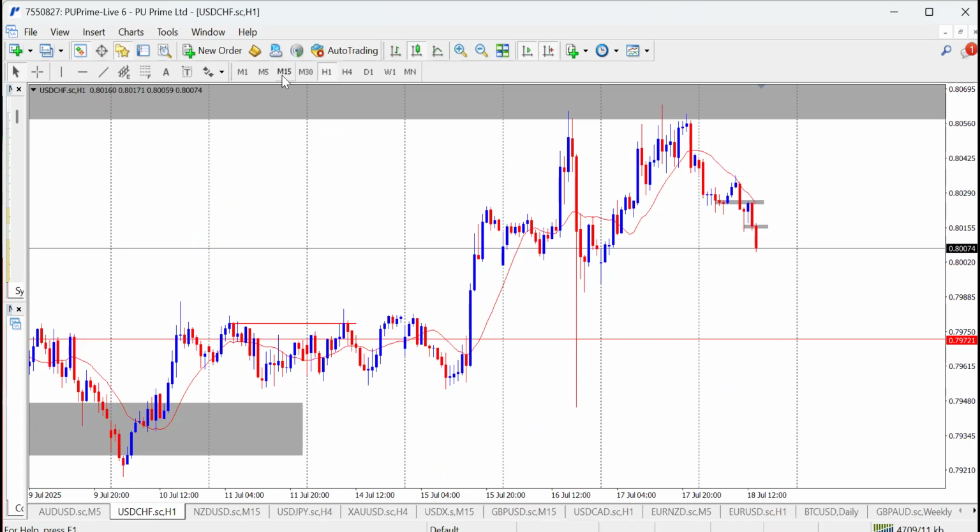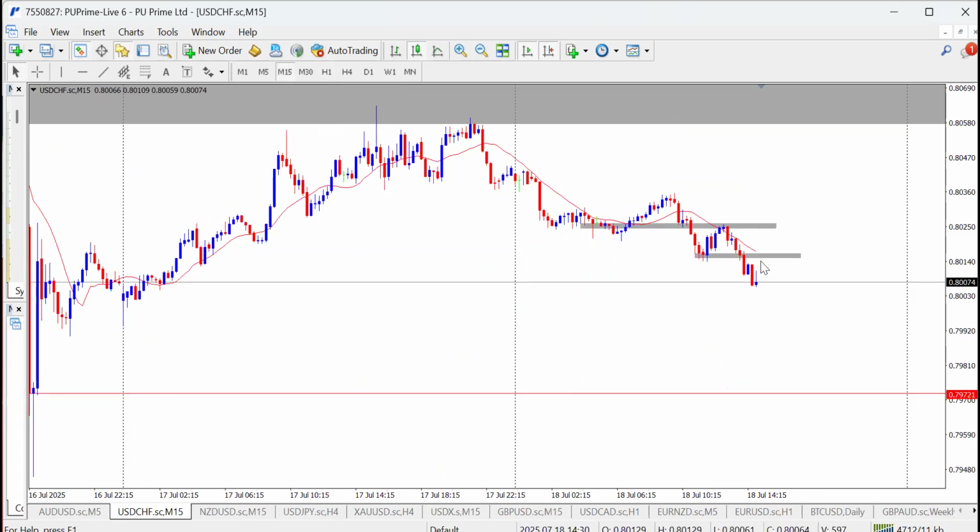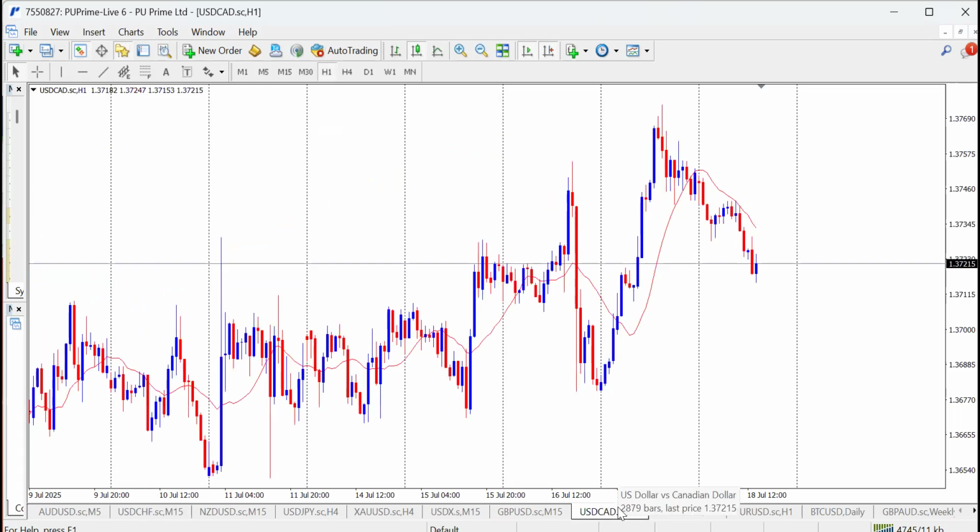So what am I expecting? I'm expecting a proper retracement as price taps into this level, 0.80140 before selling. So my bias is still bearish, but we can't enter the market at the moment.